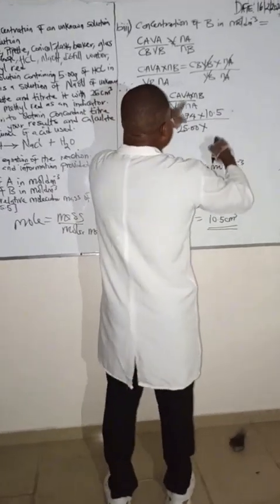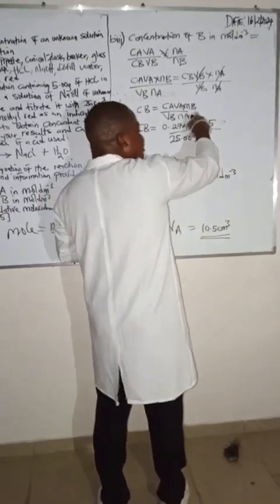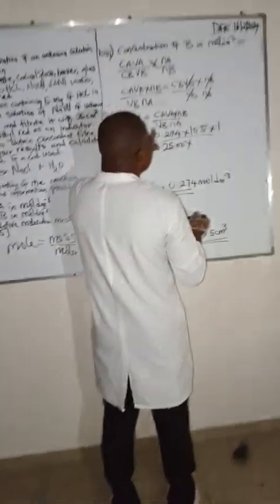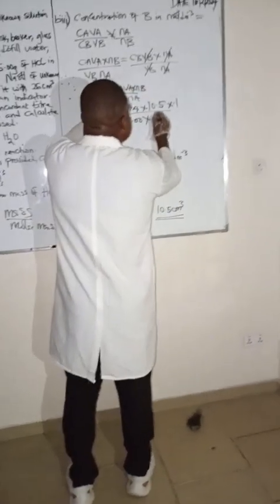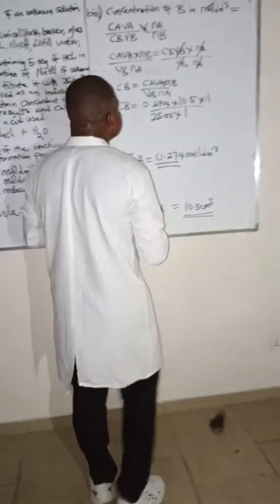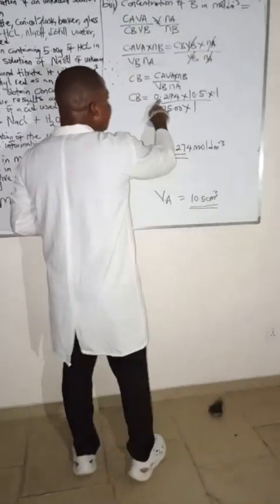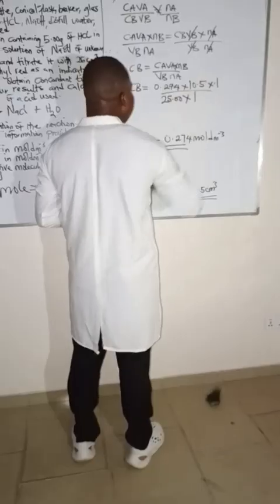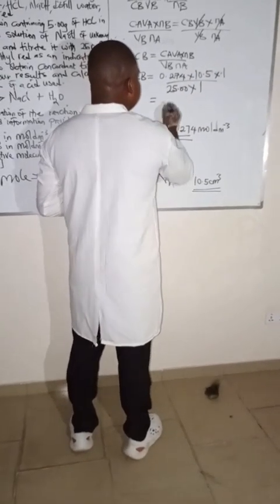Now, what is our NB? N here means number of moles. NB is 1. What is our NA? Our NA is also 1. Are you following? Yes. So calculate 0.274 times 10.5 times 1. What do you have? 2.877.